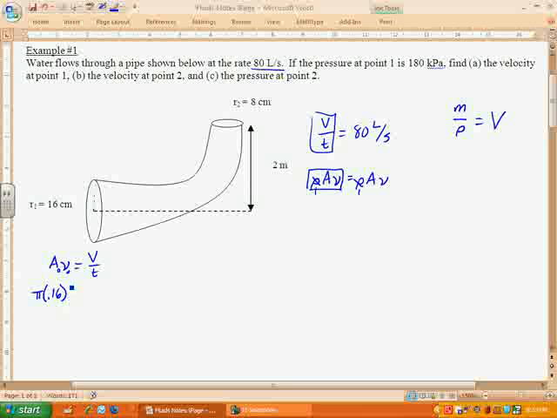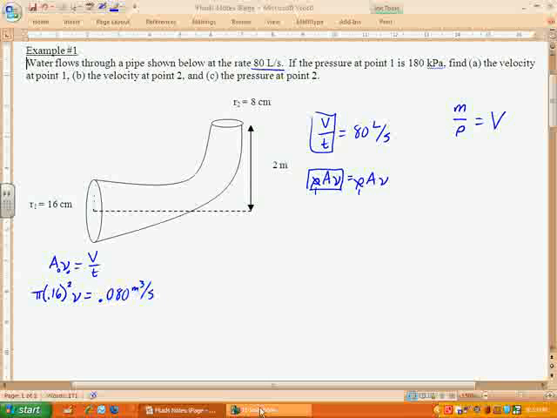Pi r squared times the velocity is going to be equal to V over t, which was 80 liters per second. Now again, I want it to be in SI, and so I'm going to convert those liters to meters. There are 1,000 liters in 1 meter cubed, and so that means I'm going to divide by 1,000, so I'm going to have 0.080 meters cubed per second. That way all my units are in the right thing.